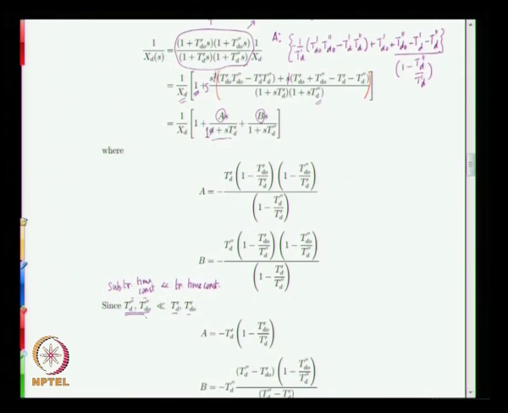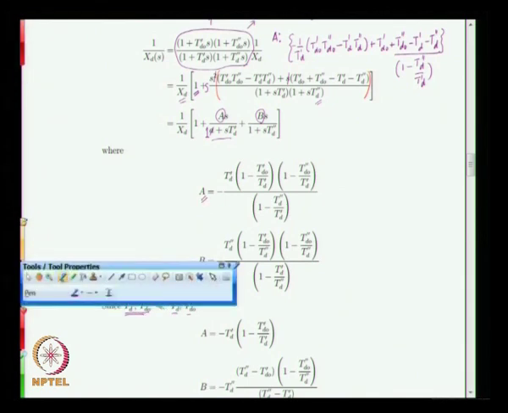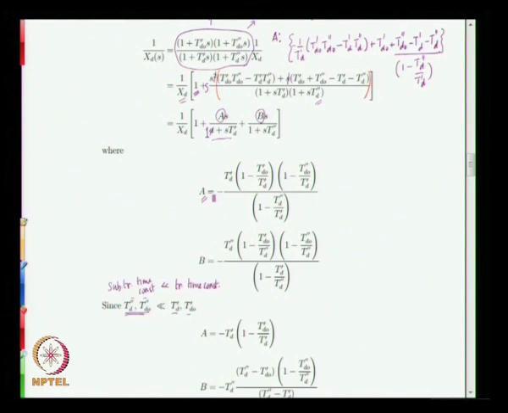So if we use these approximations, let us look at the term for A. In the expression for A, the subtransient time constants are much smaller than the transient time constants, and therefore T double dash dO is much smaller than T dash d, so it is 1 minus a very small number, and this term becomes approximately 1.